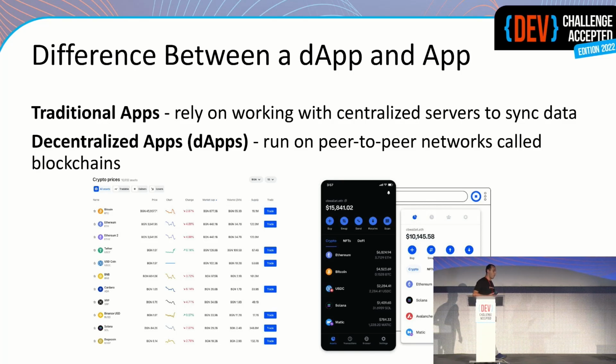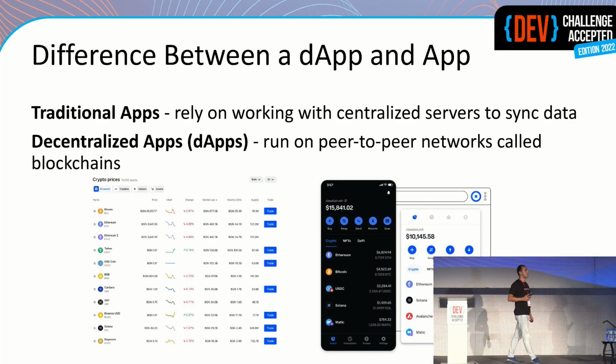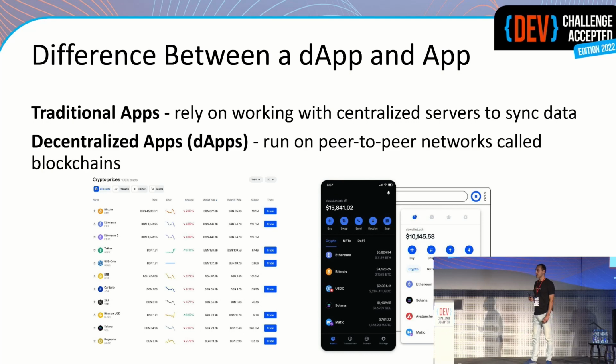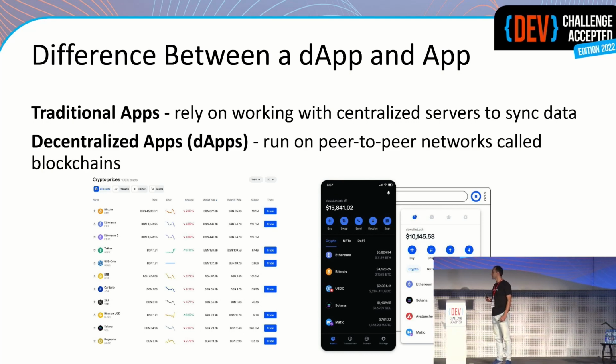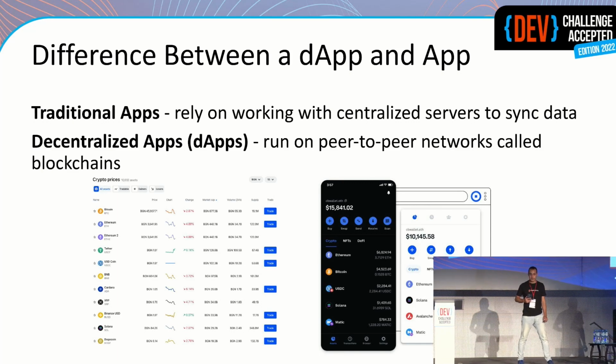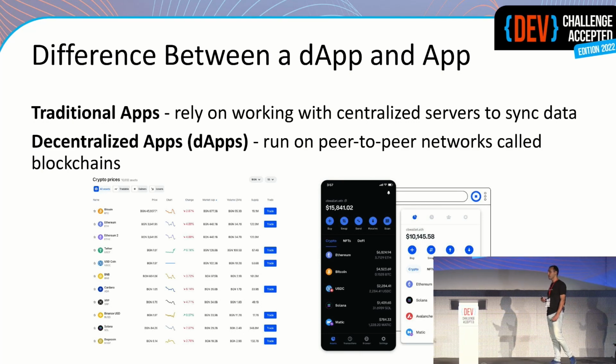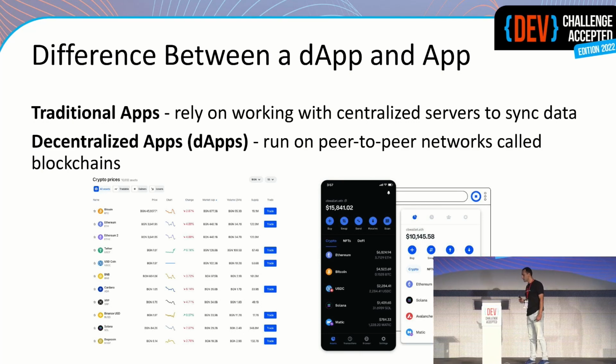What's interesting about dApps versus apps is that they quite often look the same on the surface to the users. The only giveaway is that dApps have some kind of crypto token and economic model built in, frequently called tokenomics.